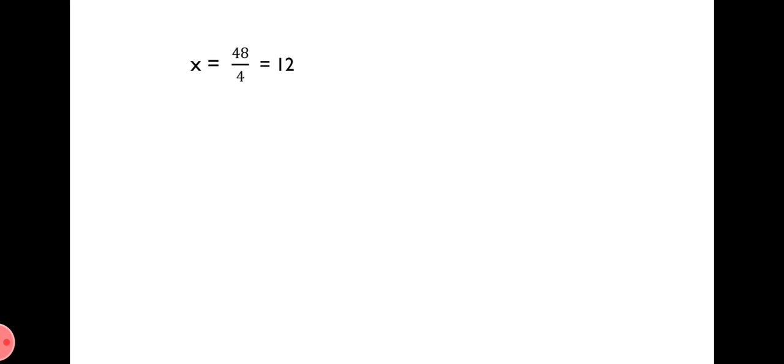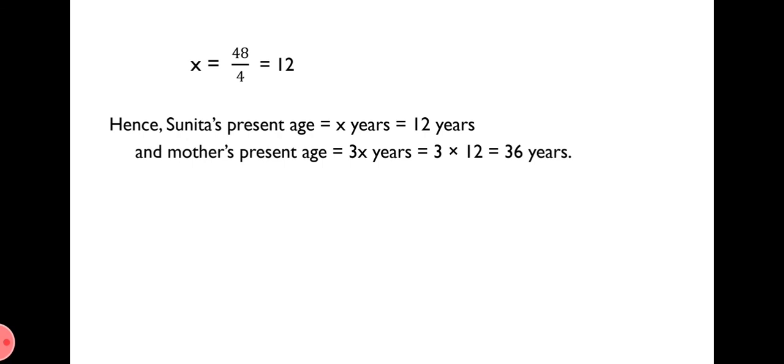This is the value of x, which we supposed as the age of Sunita. So Sunita's present age equals x years equals 12 years, and her mother's present age equals 3x years, that is 3 multiplied by 12, which is 36 years.